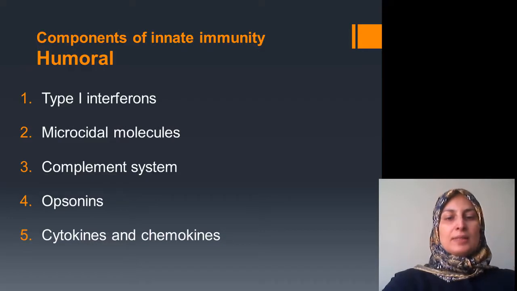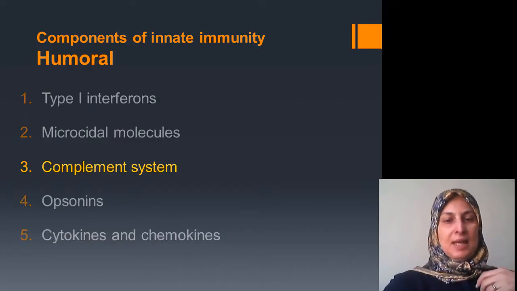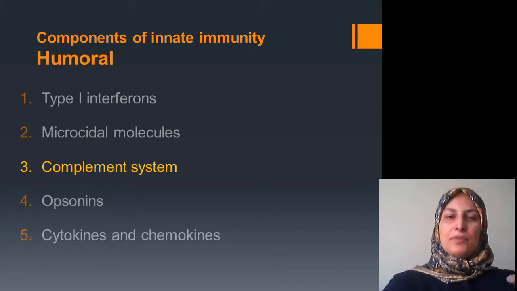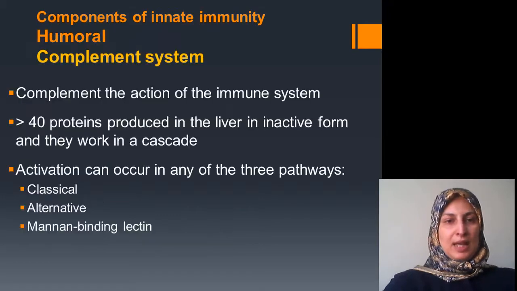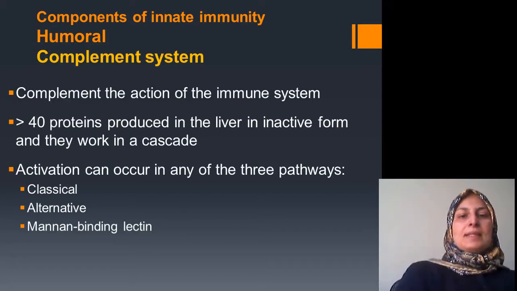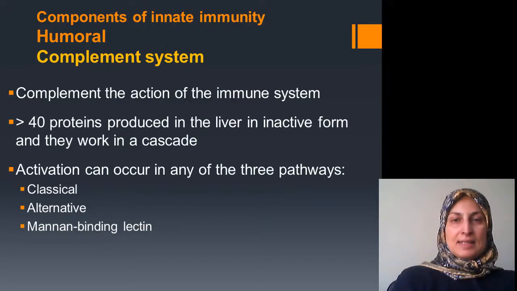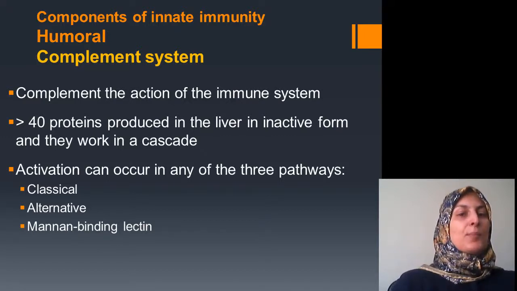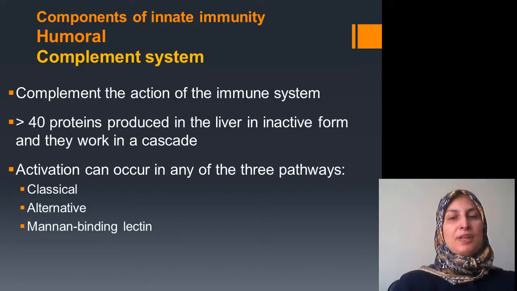The third part is the complement system. So the complement system is more complicated than the previous two forms of the humoral immune response we talked about. The complement system, as the name implies, is called complement because it complements the action of the immune system.